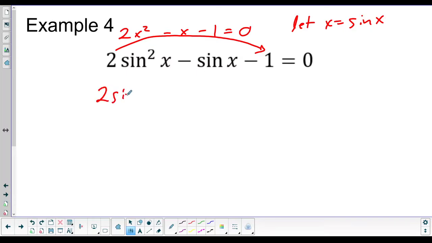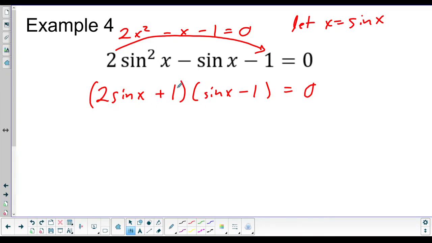So this thing will factor to 2 sine of x plus 1 times sine of x minus 1 equals 0. Okay. And we could check this, right? 2 sine of x times sine of x is 2 sine of x squared. 2 sine of x times negative 1 is negative 2 sine of x.